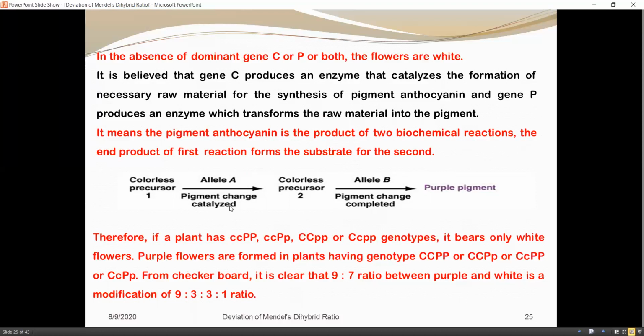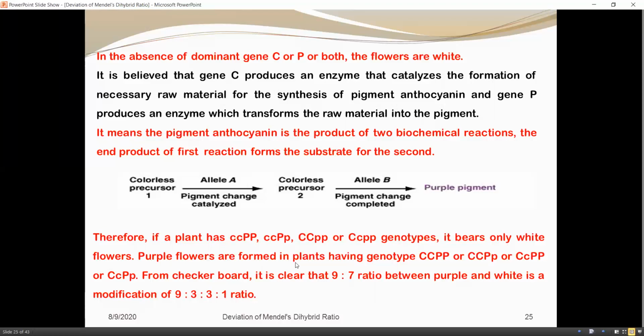Therefore, if a plant has small c, capital P, small c, small p, or capital C, small p genotype, the flowers will be white.